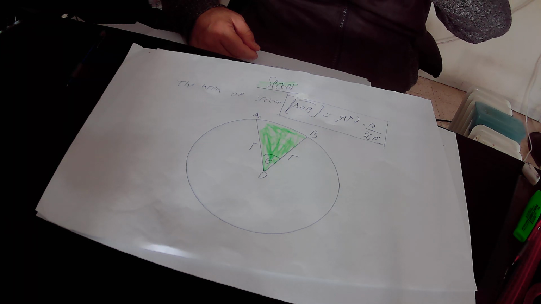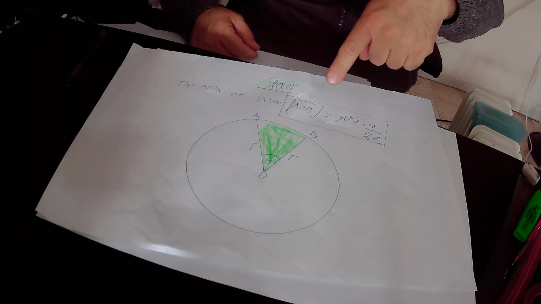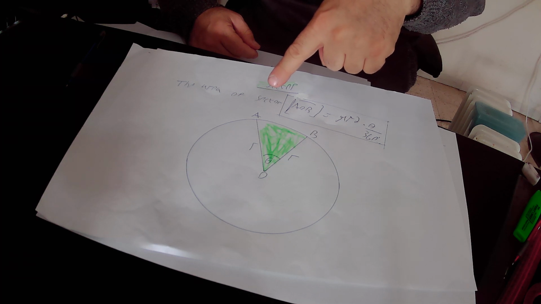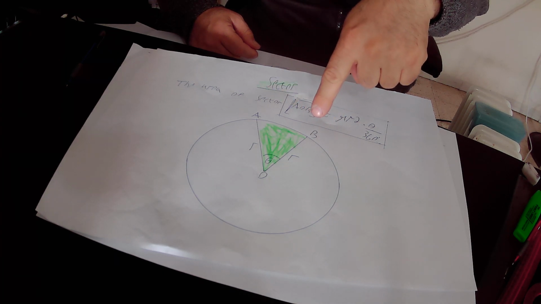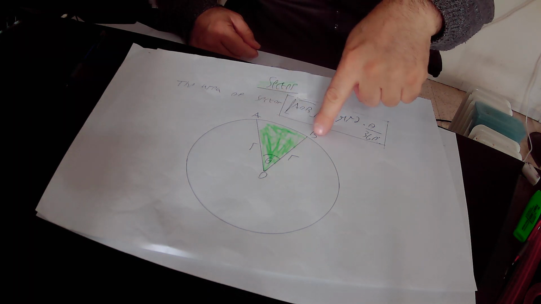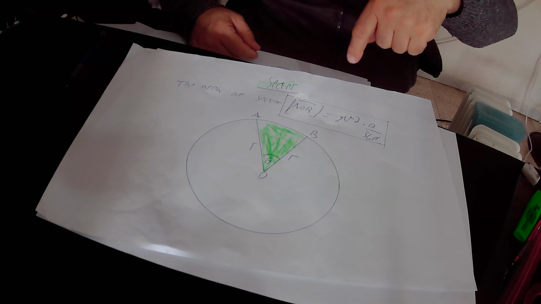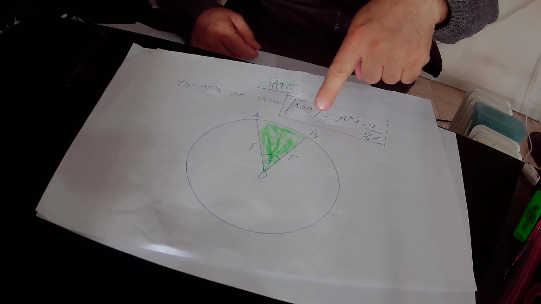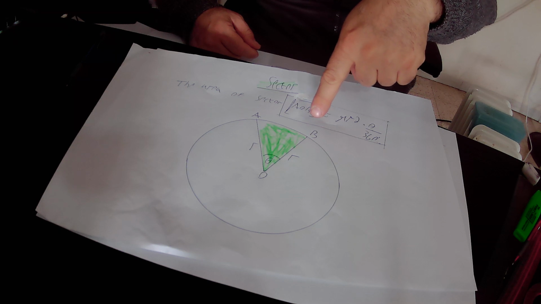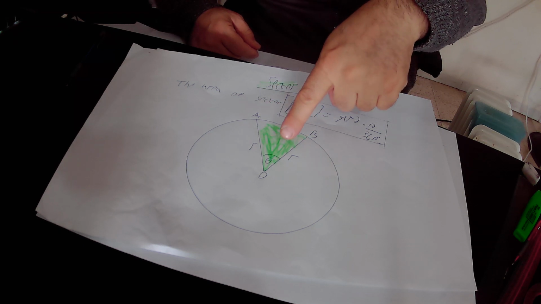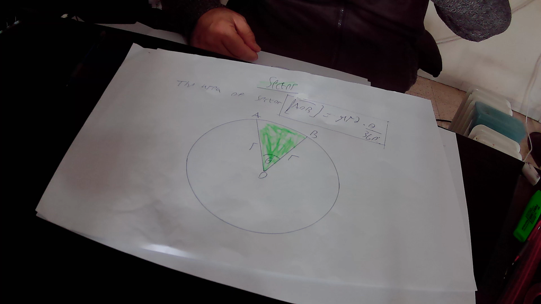And the sector also consists of the arc AB that is between those two radii. The angle between the legs of this sector, the leg AO and the leg BO, is this angle theta.